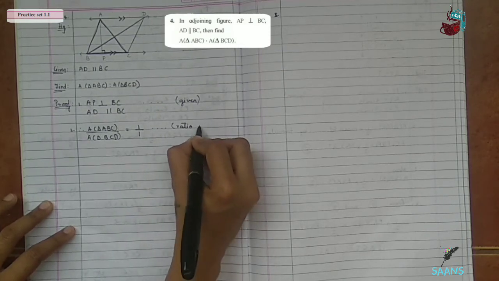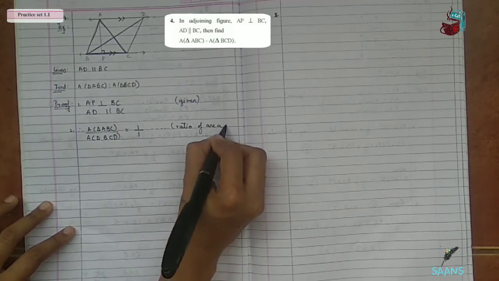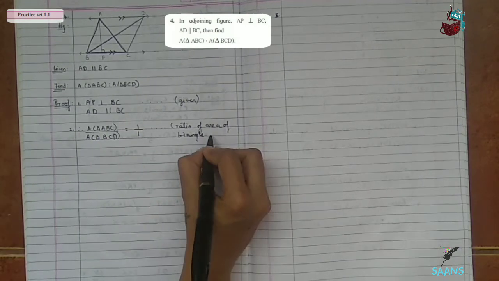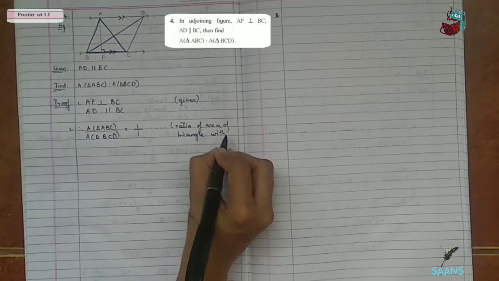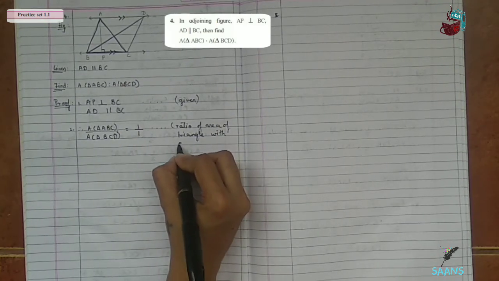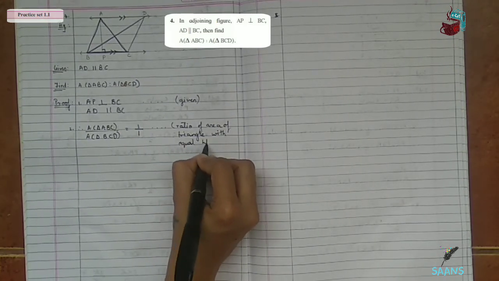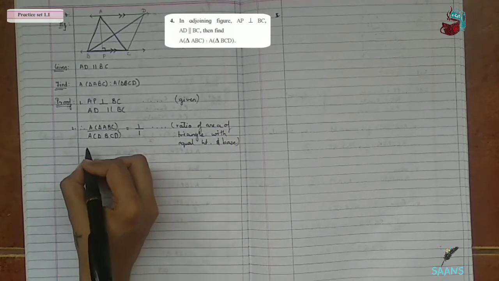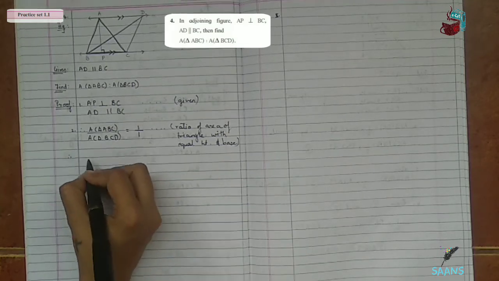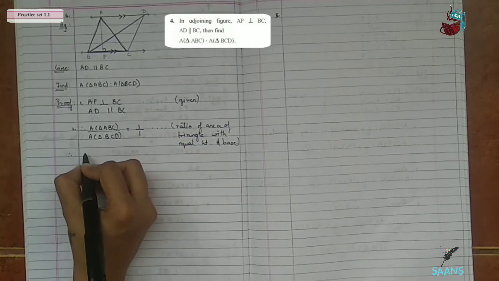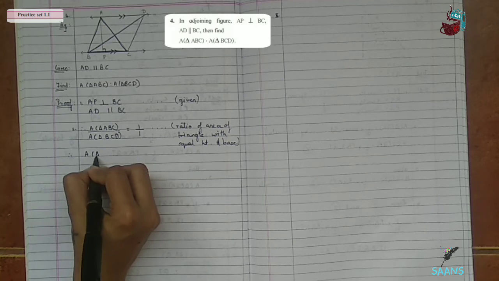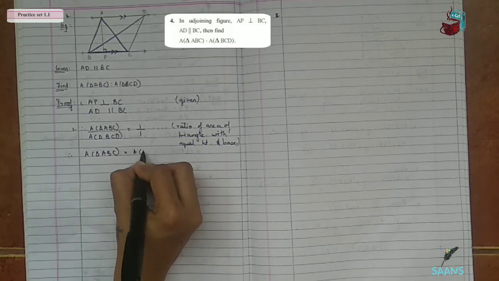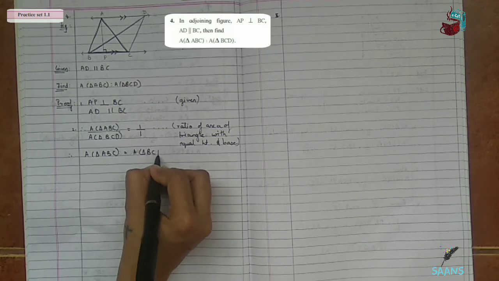Ratio of area of triangles with equal height and base. Okay, therefore this is 1:1, or you can write it as area of triangle ABC is equal to area of triangle BCD.